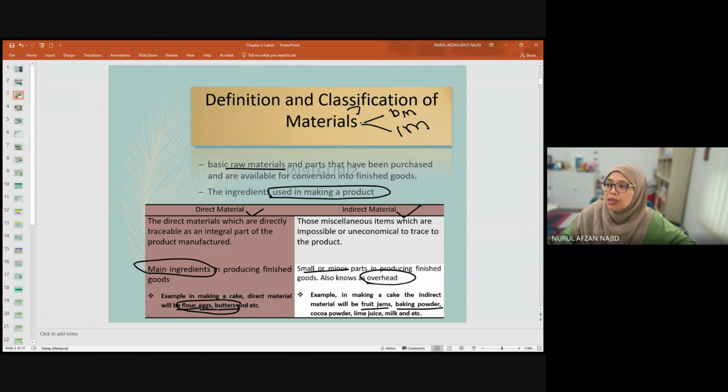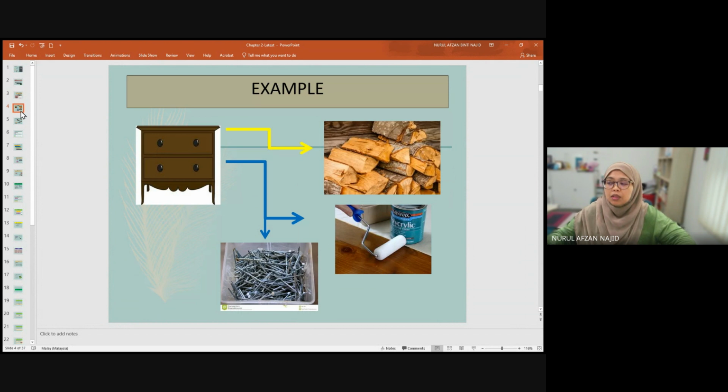Alright, so this is the definition and classification of material. Okay, alright, so next slide it's show you about the example. Okay, when we want to produce a furniture, alright. So yang yellow line ni adalah direct material.